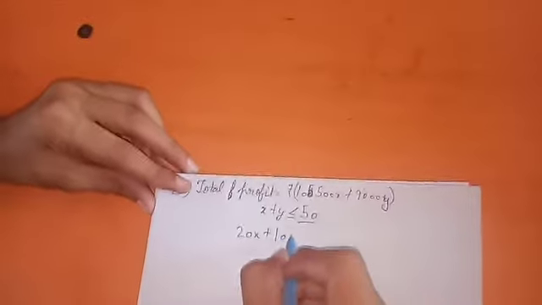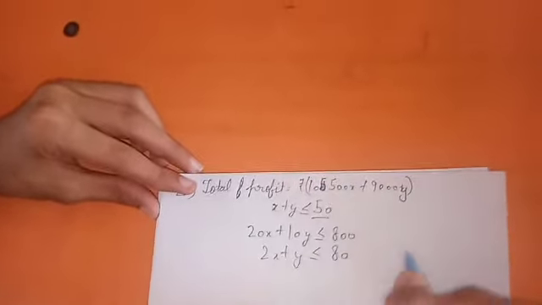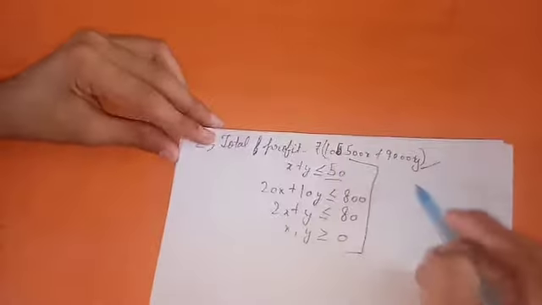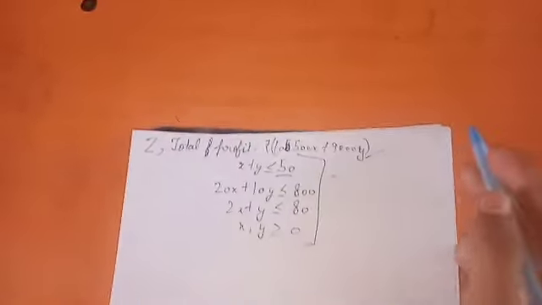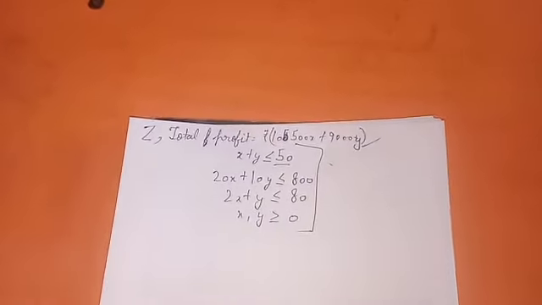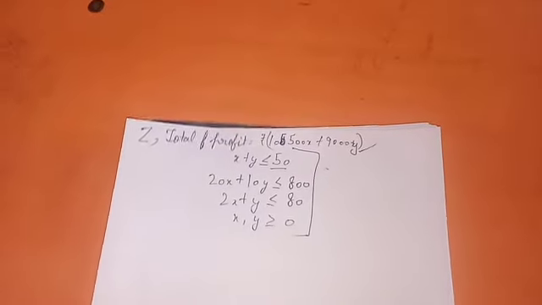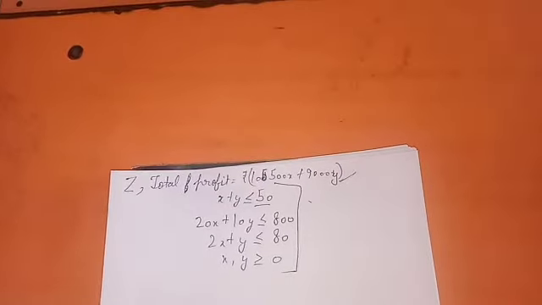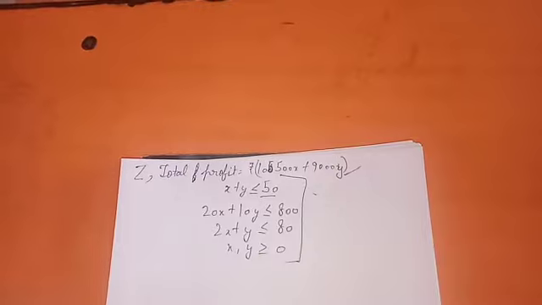That is 20x plus 10y should be less than or equal to 800, or you can say 2x plus y should be less than or equal to 80, and x, y should be greater than or equal to 0. So these are our constraints, and it is our objective function that we have to maximize. So our mathematical formulation of LP is done. You can solve this. I hope it is clear to you.